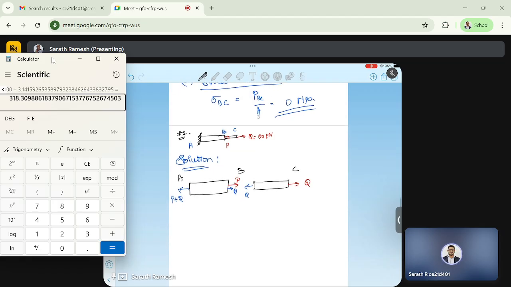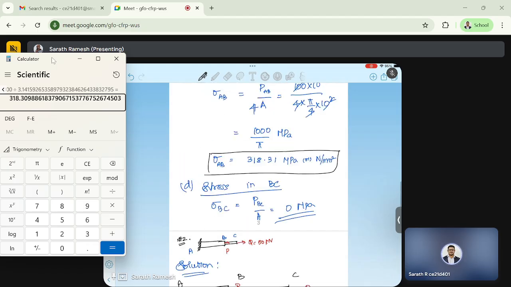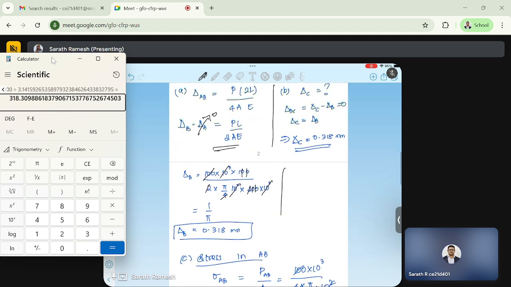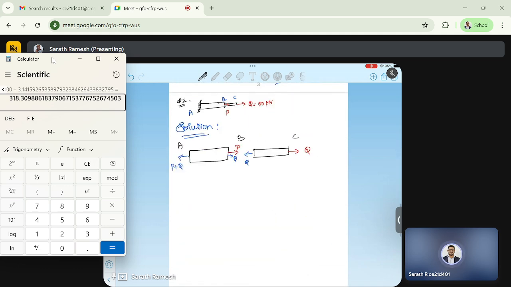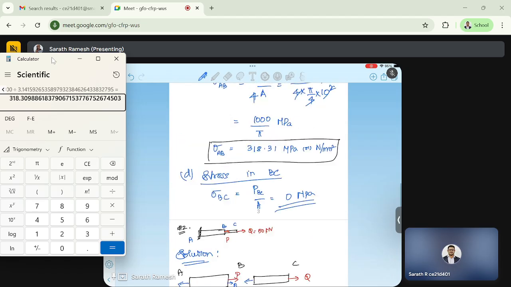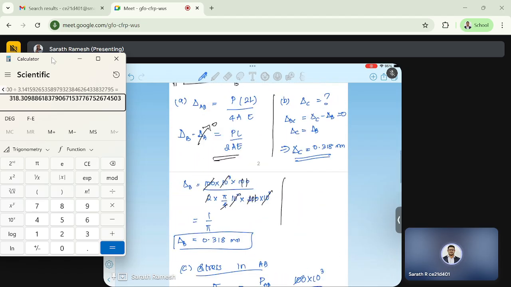Let's start. Same question, we need to find these four quantities. So to find displacement at B, we already know delta B is equal to PL by AE. So total force is P plus Q into length. Wait a minute, did we take the correct length?